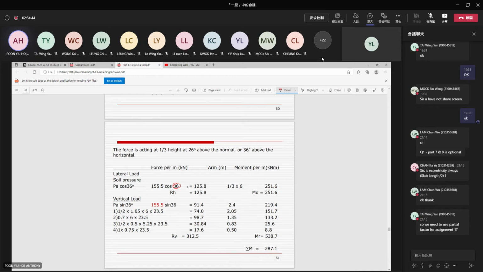So if you resolve it to the horizontal direction, you have to multiply this with cosine.